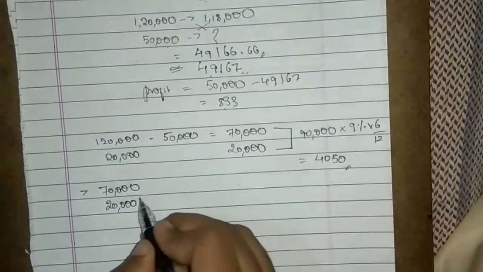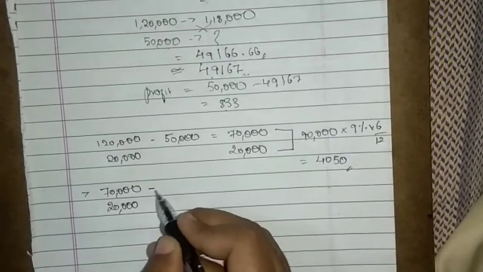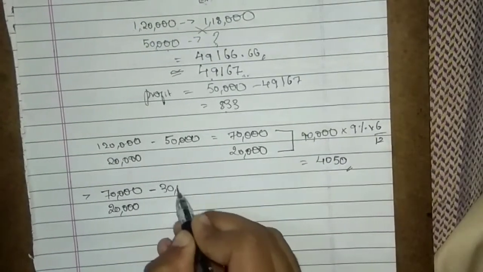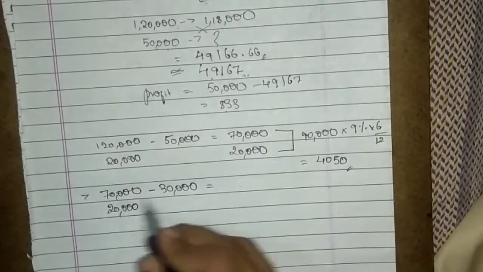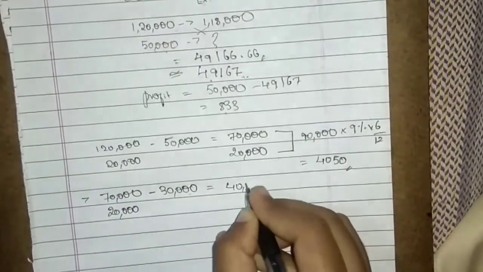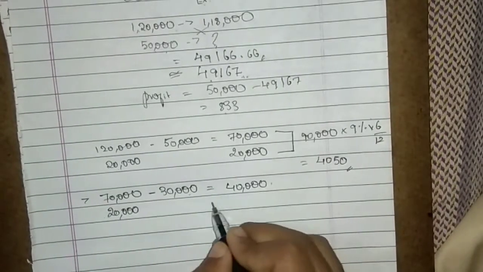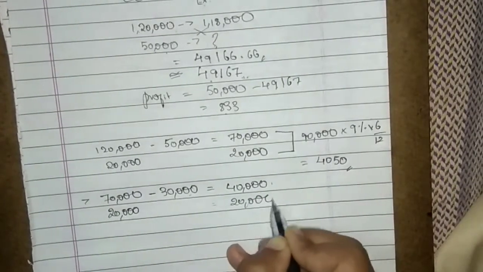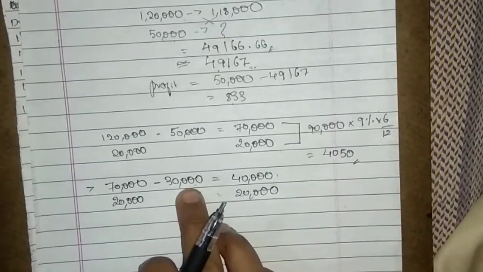After that, they have issued nominal value of 30,000 units. So what will be the remaining thing? 30,000. And here is 20,000. Okay, leave it apart. Now 30,000.